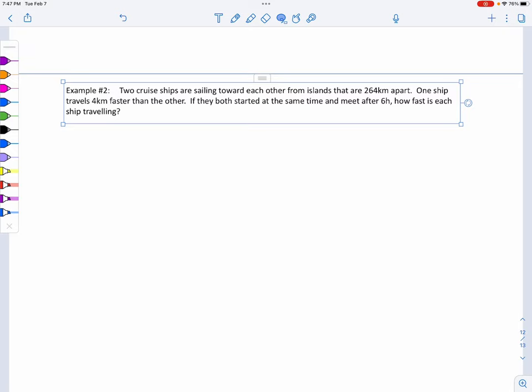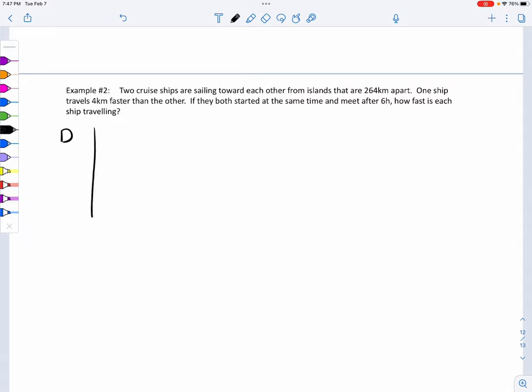Okay. So, I don't know the total time here. I'm going to set up a table, and I'm going to use this table to organize everything I know. D is going to represent the distance. S is going to represent whatever I know about the speed. T is anything I know about the time. So we have 2 cruise ships. So this can be cruise ship number 1.